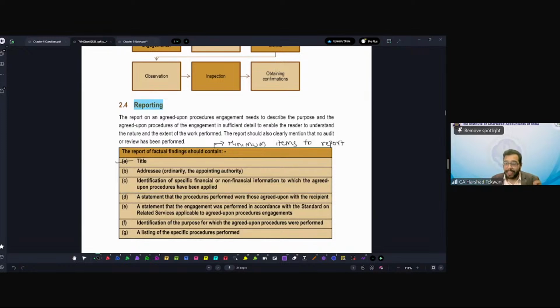Here, we will not mention the term independent unless the practitioner or the auditor has complied with the independence requirement. Although I understand it is not mandatory, in order to have the title independent, you have to comply with the requirement.